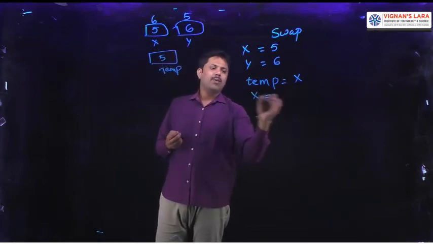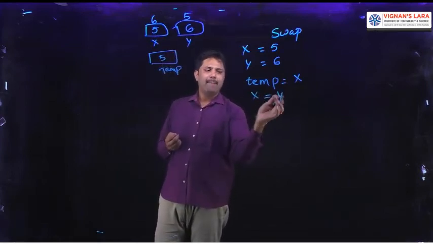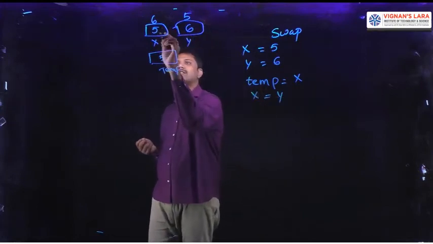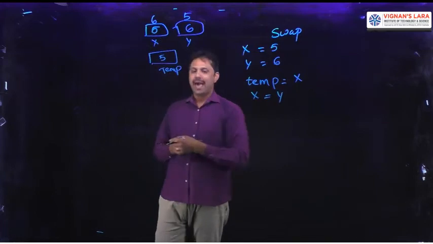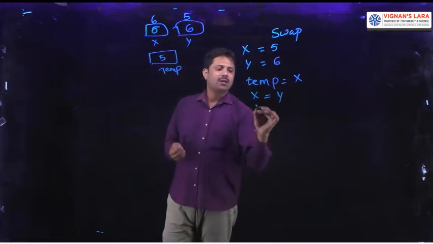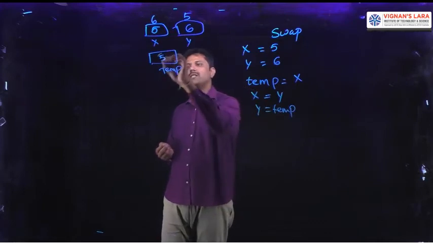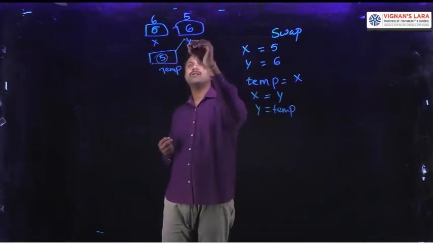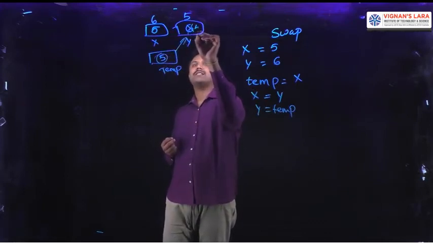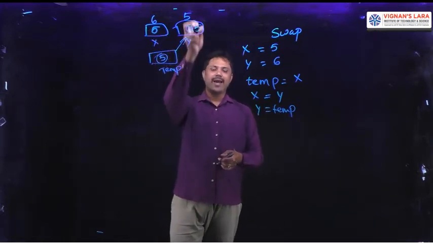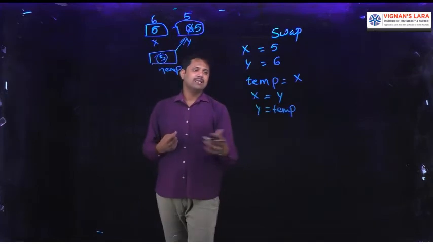Next, x equals y. I pass the value of y to x, that means 6 is shifted to x. Next, y equals temp. The value in temp is placed in y, that means this 6 is replaced by 5. Now x contains 6, y contains 5. This is a simple program.